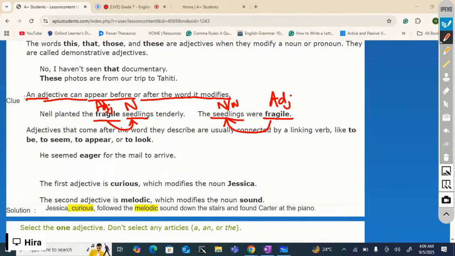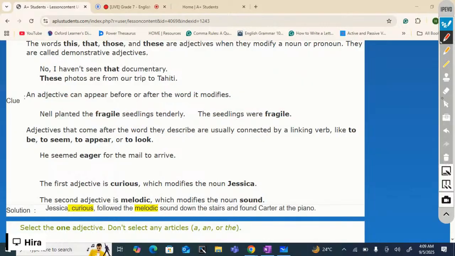So here the adjective appears before and here it appears after the word it describes. So remember this point as well, that an adjective can appear before or after the word it describes.